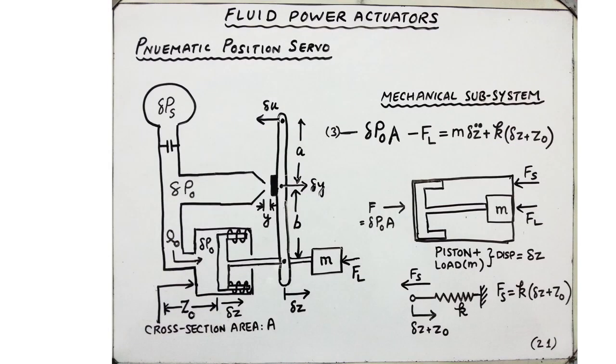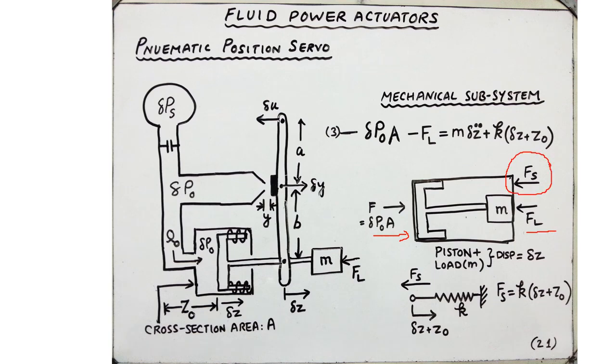Modeling equations for the mechanical subsystem, that includes the mass and the piston, and they're both connected, representing a rigid body construction. We're going to say that this combination of piston plus load mass experiences force due to the fluid, that is delta P naught times the area, as seen before in the previous example, and experiences imposing force FL, and also experiences force due to the spring.